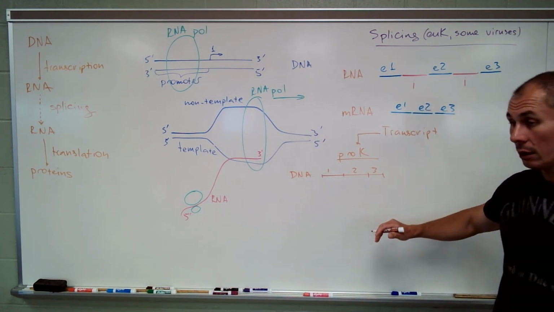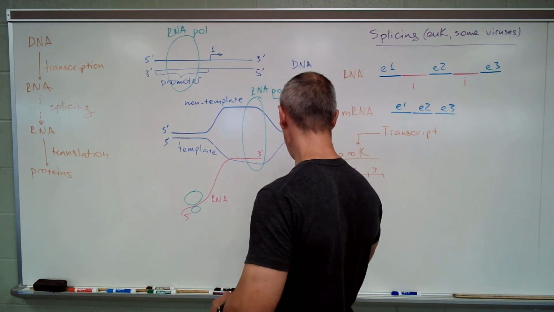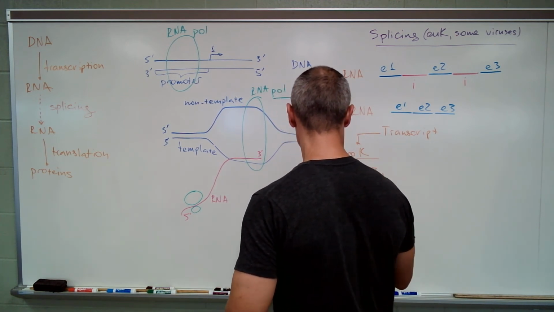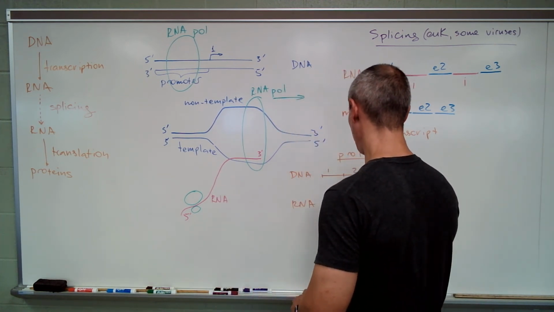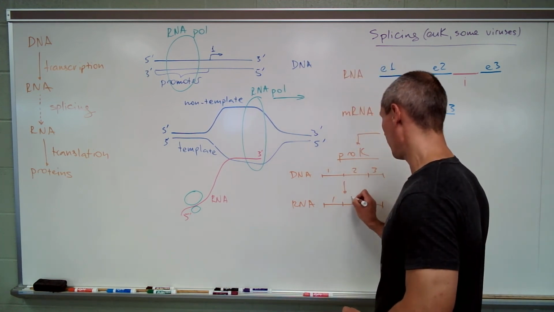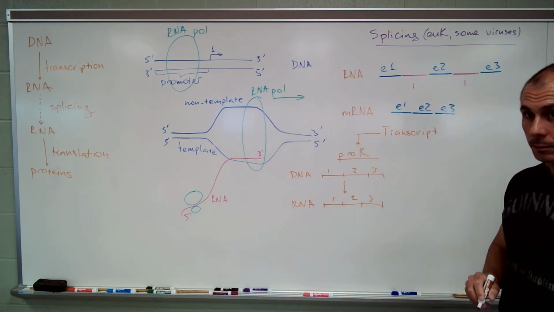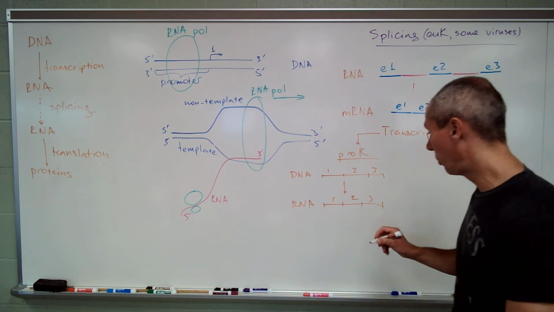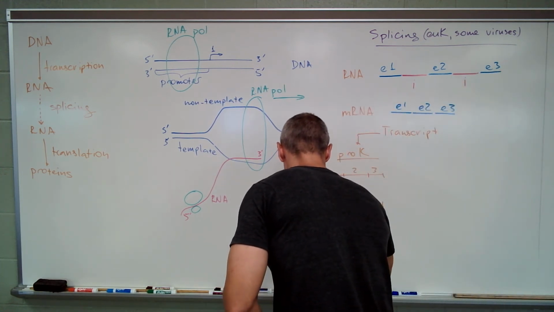When this DNA is transcribed into RNA, it can be a single molecule of RNA with genes 1, 2, and 3. This is called a polycistronic transcript.